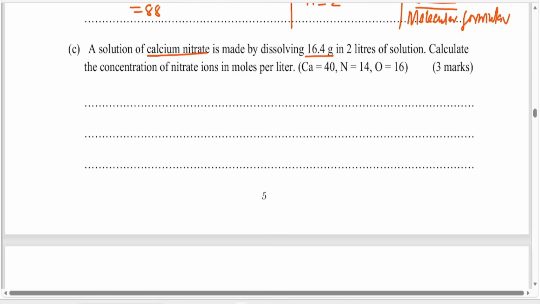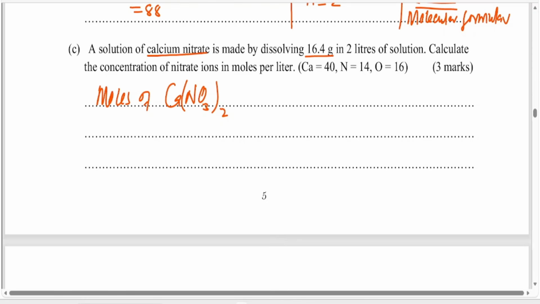So we start by looking at the moles of calcium nitrate. Moles of calcium nitrate is given by the mass divided by the relative formula mass.